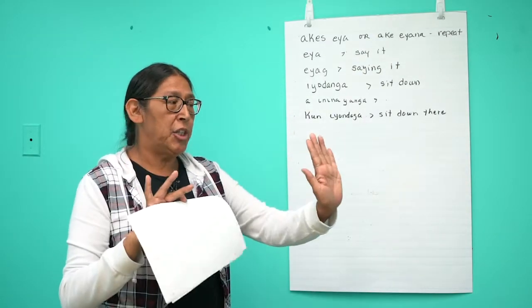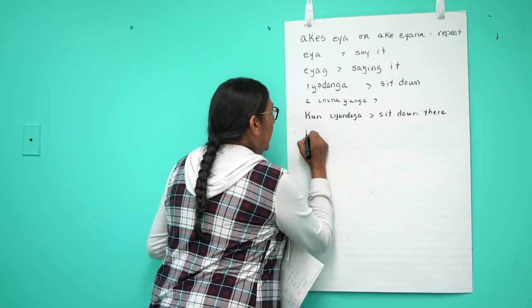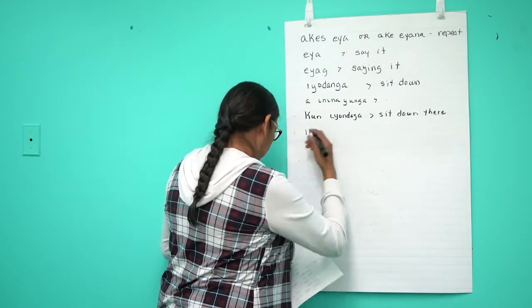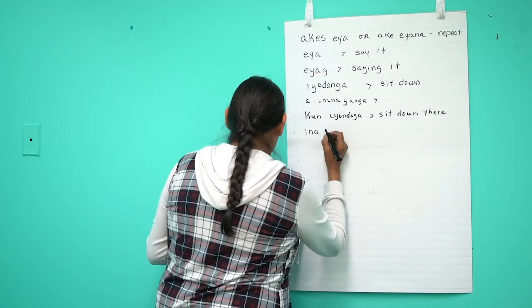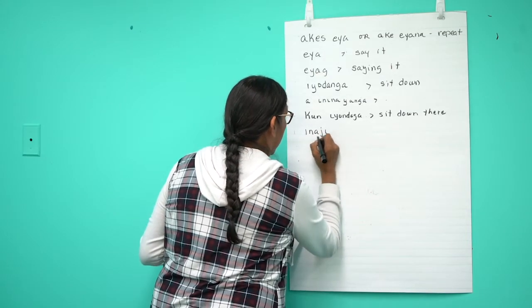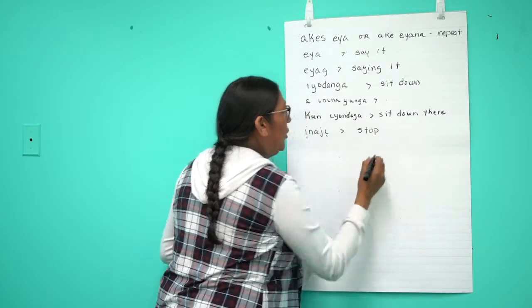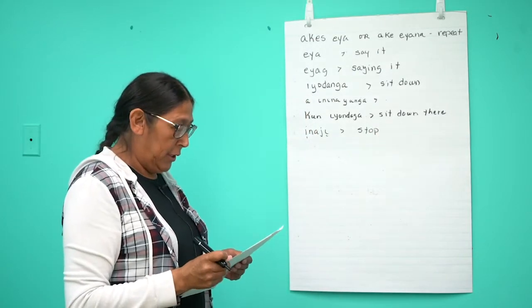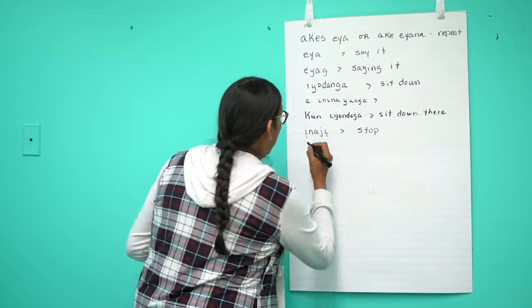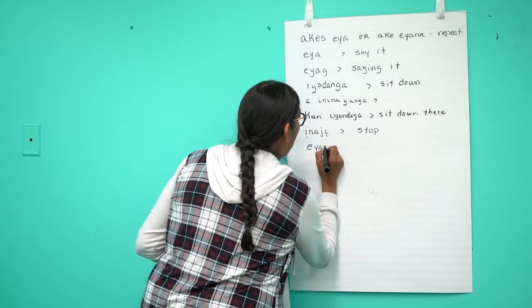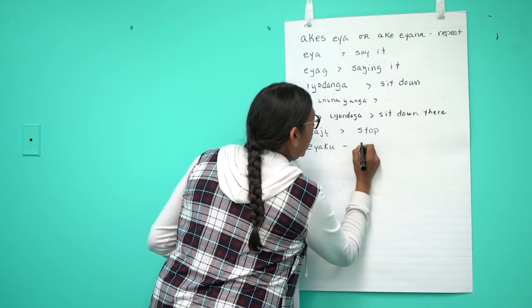Inaji. How did I spell that? It's a J or an I. Inaji. And that's to stop. Your kids running around. Inaj! Tell your children to stop. Now here's your take. Iyak-u. I jumped ahead, and that's to take something.